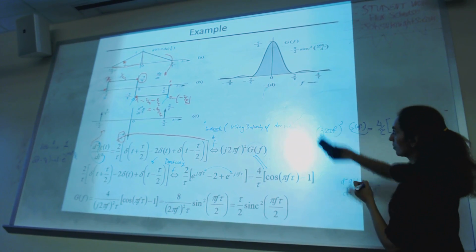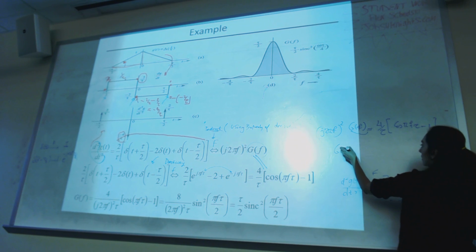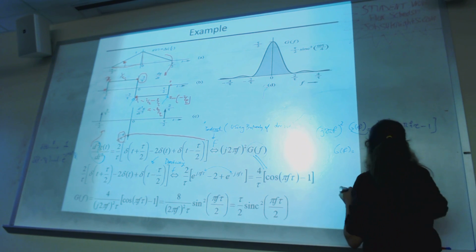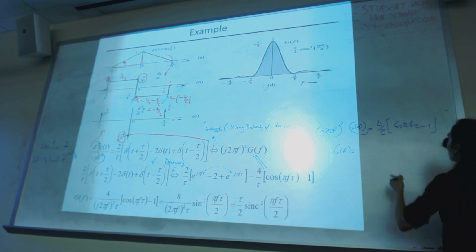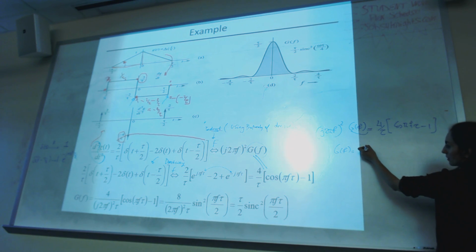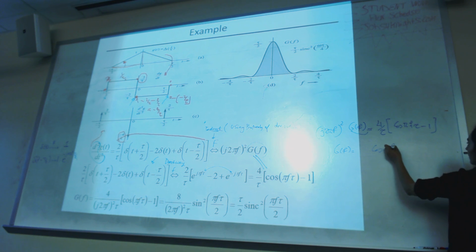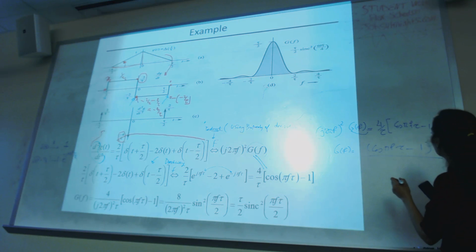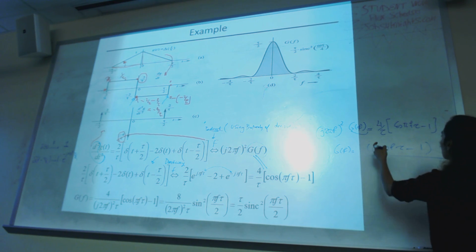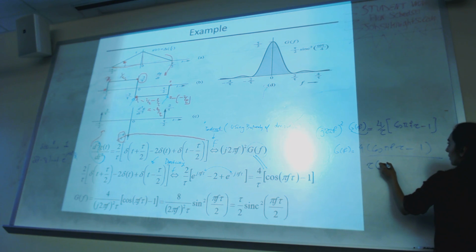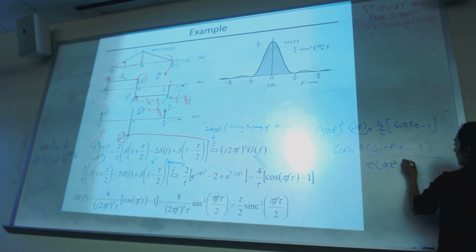So I guess the goal was to find G of f. So G of f is divided by that. So cosine of pi minus cos, and then tau, pi squared f squared j squared.